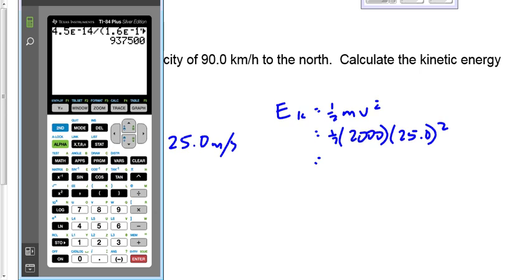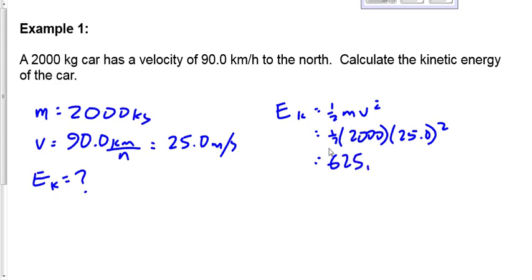Let's pull up the calculator for this. 0.5 or 1/2, same thing, times 2,000. There we go. 0.5 times 2,000 times 25 squared gives me a value of 625,000, which rounds to, how many digits should I go? 2,000 is 4 digits, 90.0 is 3.